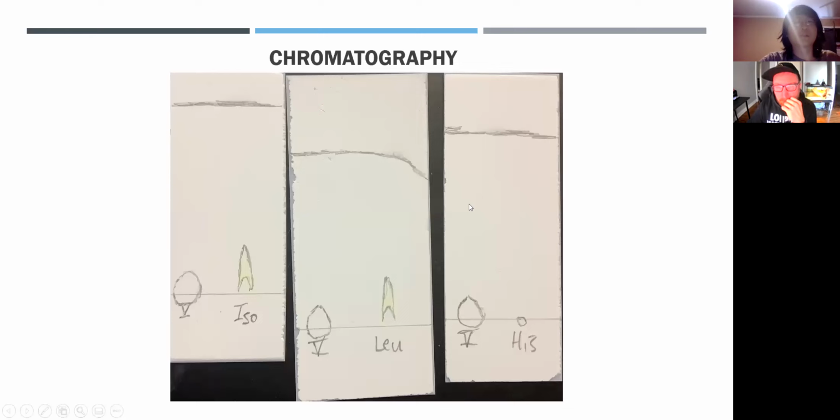And so this is the chromatography we got from all of our tagged amino acids. You see the isoleucine and leucine had some peaks that traveled relatively further than the unknown number 5 spot, which stayed at the starting point, moving very little.